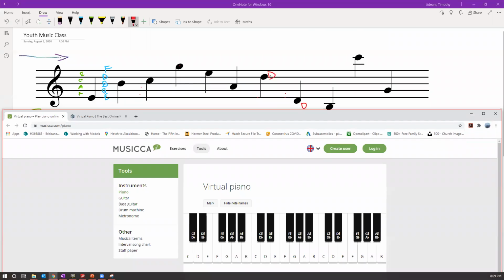So we can say this D is higher. That's our D. And the D below, since it's lower, is going to have a lower pitch. They are the same note, but the pitch is different. It's a higher pitch, but it's the same.